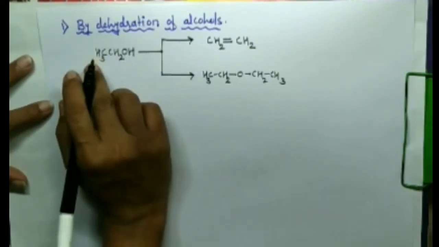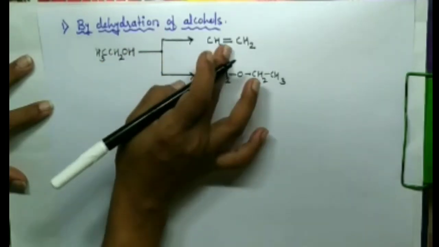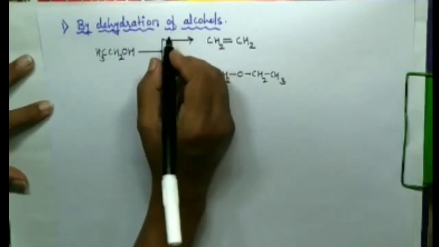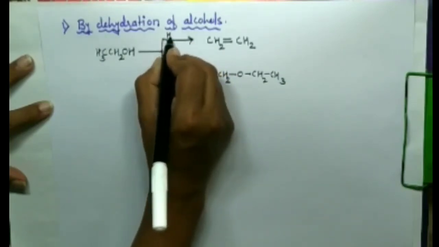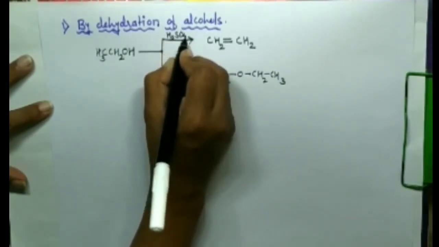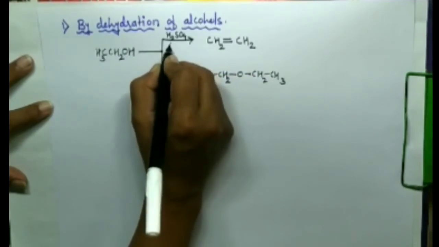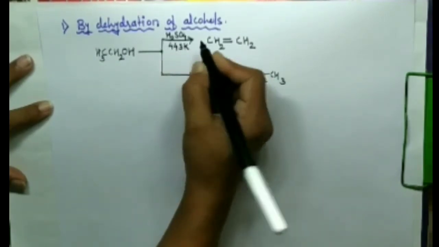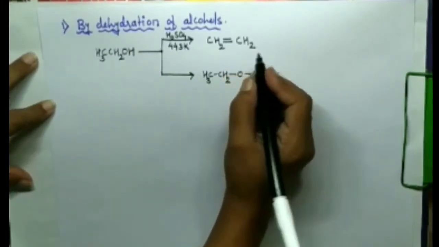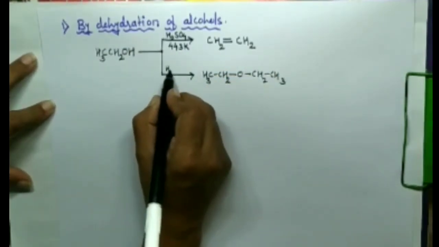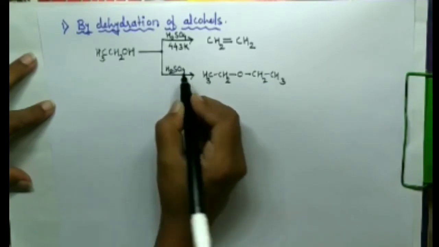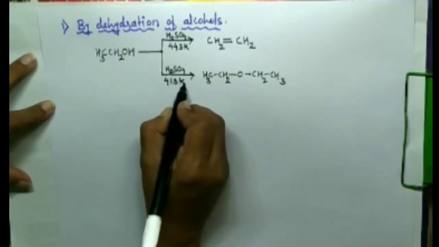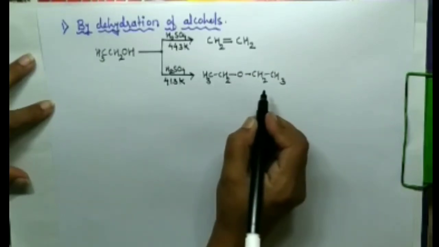So ethanol is dehydrated to ethene in the presence of sulfuric acid. Both are in the presence of sulfuric acid, but the reaction condition differs. At the higher temperature, 443 Kelvin, it is converted into ethene, whereas when it is treated with H2SO4 at a little lower temperature, that is 413 Kelvin, it is converted into diethyl ether.